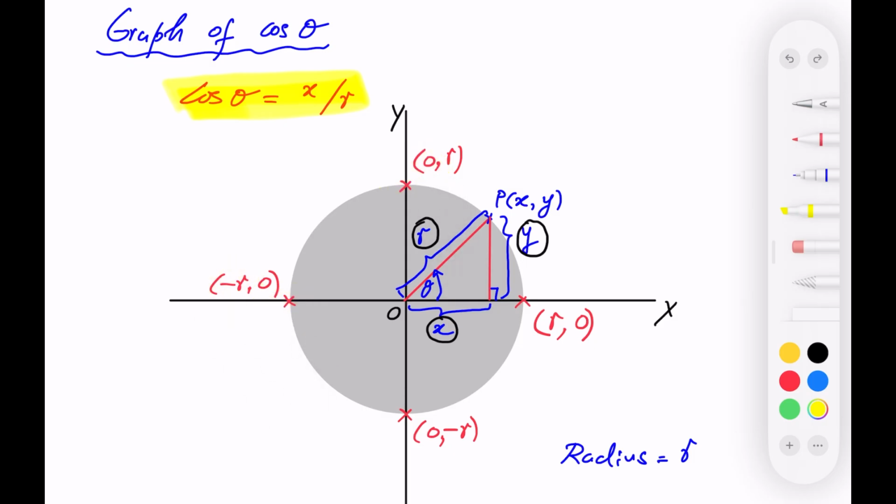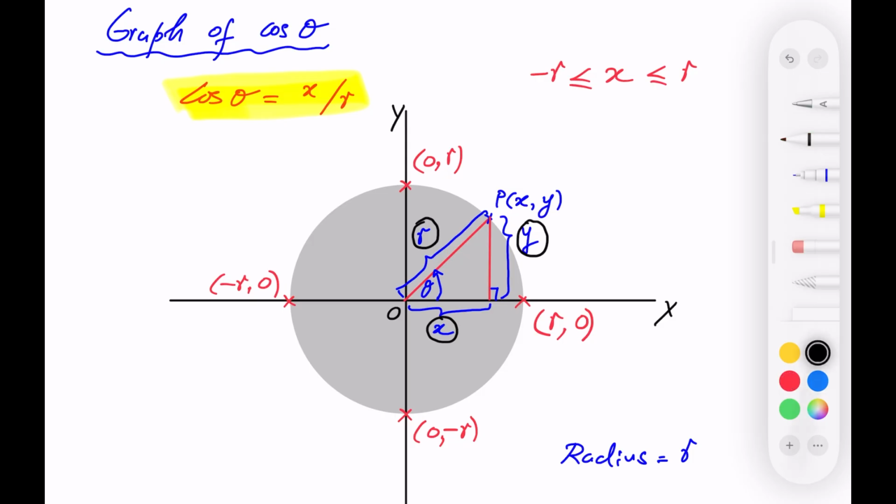By paying attention to this place and this place, we can see that the x-coordinate has increased from negative r to 0. And by looking at these two coordinate points, you can see that the x-coordinate has increased from 0 to r. This means we can see that x is always going to be bounded above by positive r and bounded below by negative r.